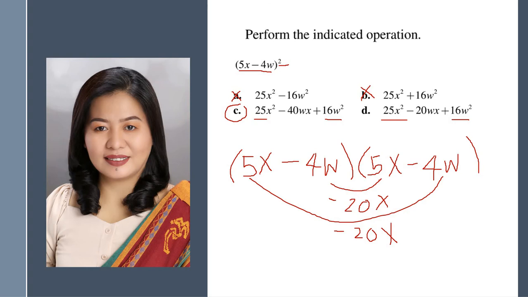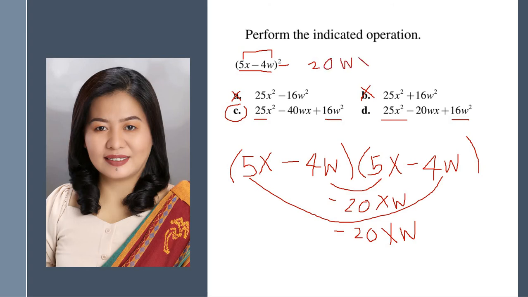Another way of doing that one is to multiply the first and the second term. Sorry, we missed the w here. W should come first. Okay, so 5x times negative 4w, that is negative 20wx.